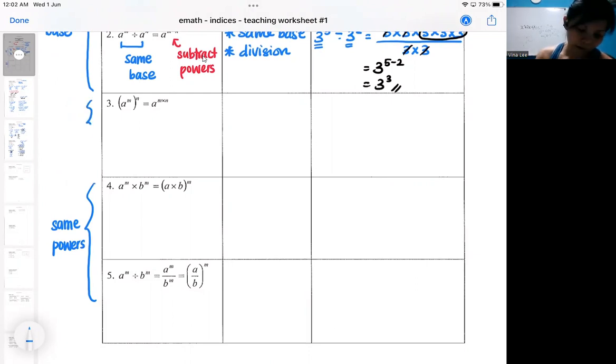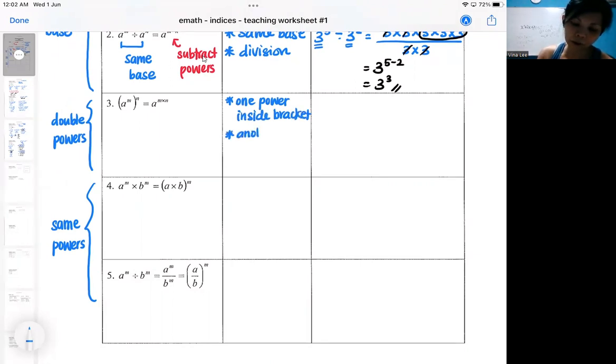And this is for double power. The characteristic will be there's 1 power in the bracket, and then there will be another power outside the bracket.